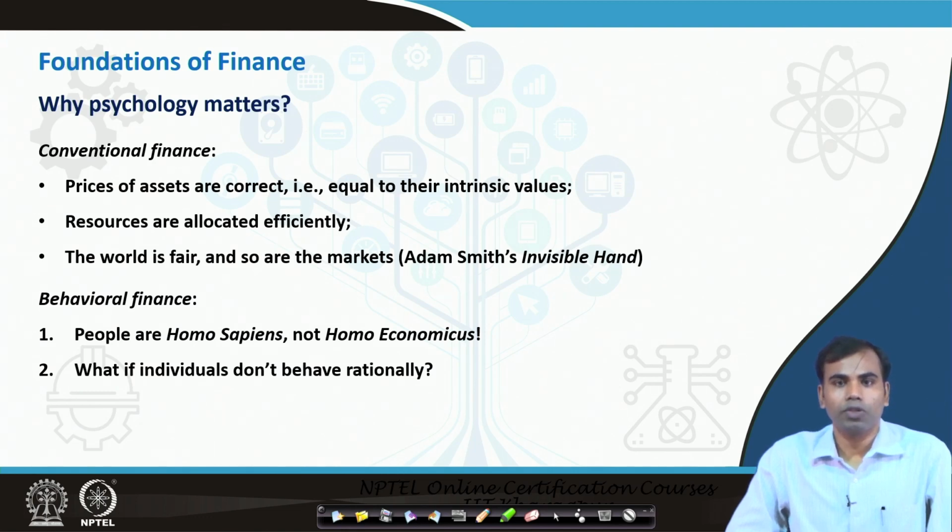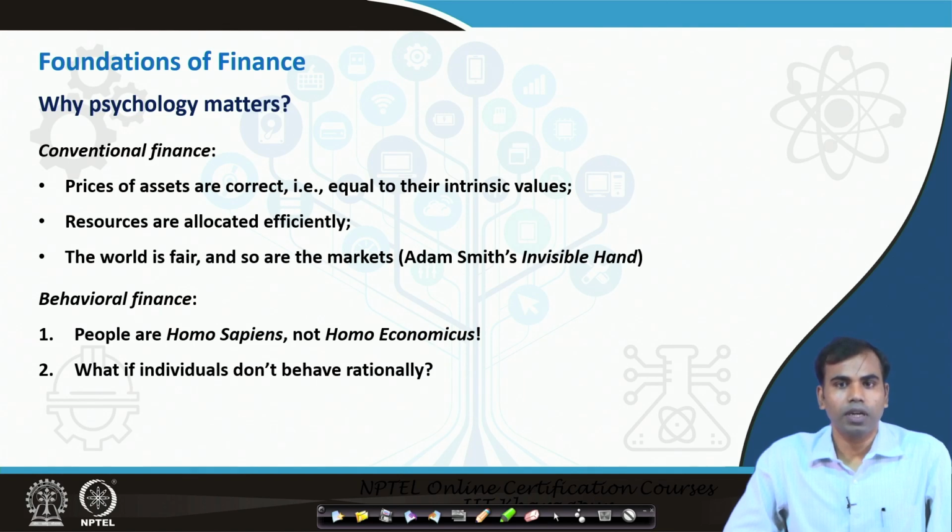At the same time, it also assumes that resources are allocated efficiently, which means individual human beings cannot affect the process of resource allocation too much, and the market will take care of itself, which is based on the great Adam Smith's invisible hand theory, which tells us that the world is fair and in the long run the market will achieve equilibrium anyway. So, we cannot influence the market too much at any given point of time.